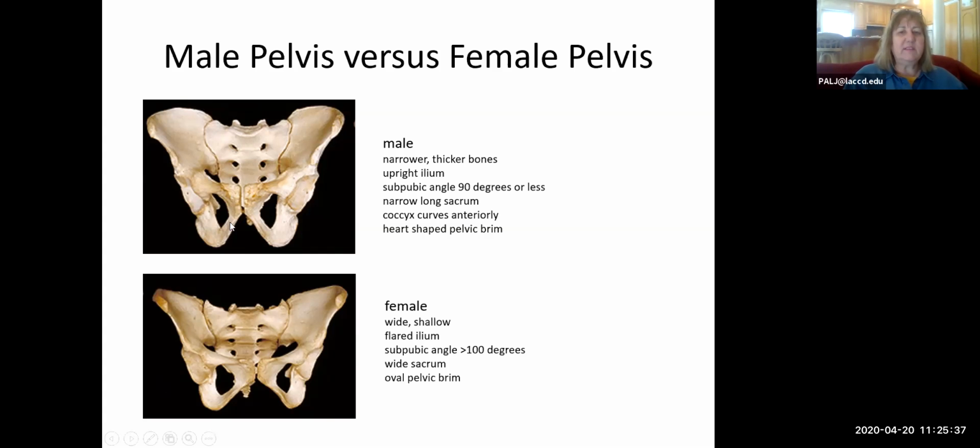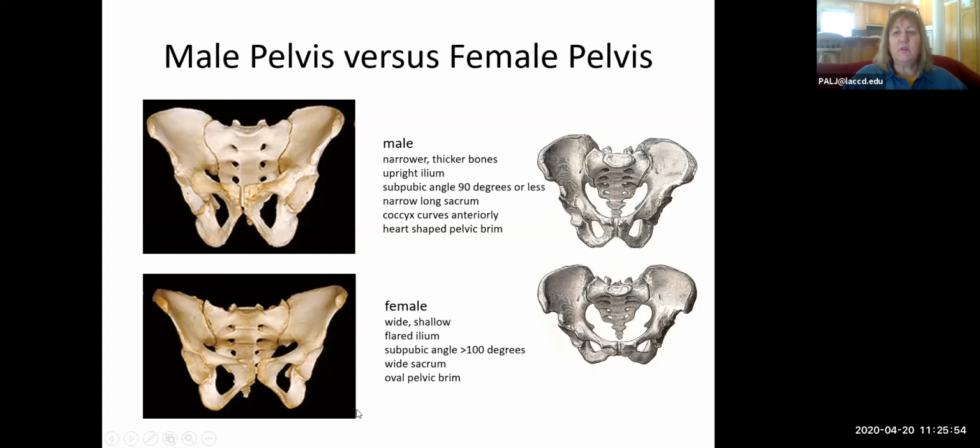One of the big differences is looking at the subpubic angle. In the male, this is 90 degrees or less, whereas in the female, it is much wider. It's 110 degrees or higher usually. And there are a couple more pelvises over there, so you can look at those same angles on those.